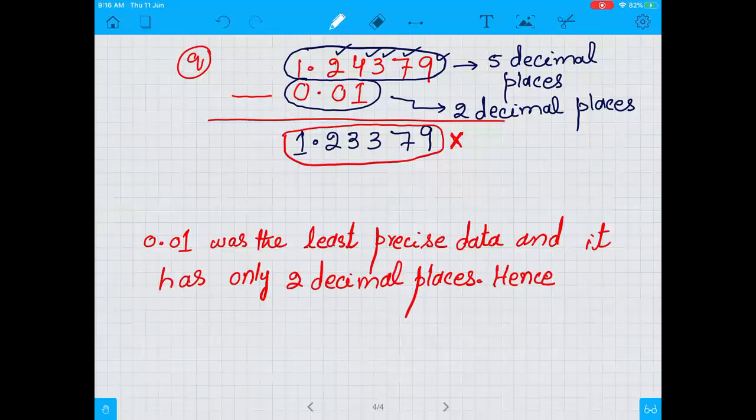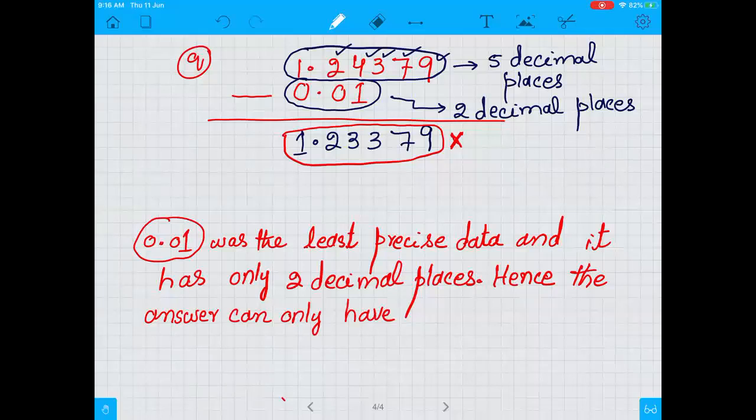Hence, the answer can only have 2 decimal places.